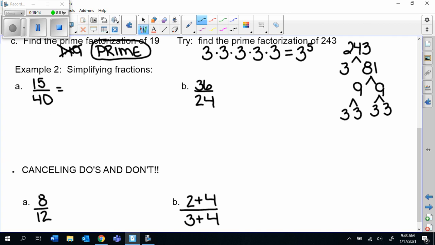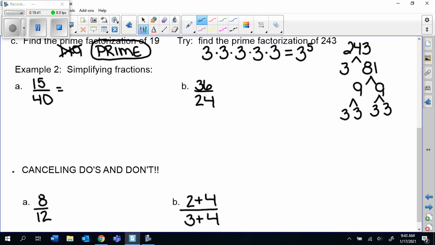All right, so how is that whole prime factorization going to help you simplify fractions? Because you need to find what common factors you have, because anytime you have a number over itself, 2 divided by 2 is just 1, and so oftentimes we just cancel any common factors.